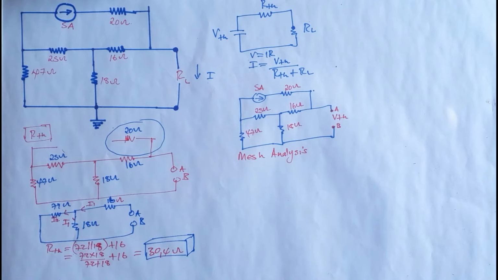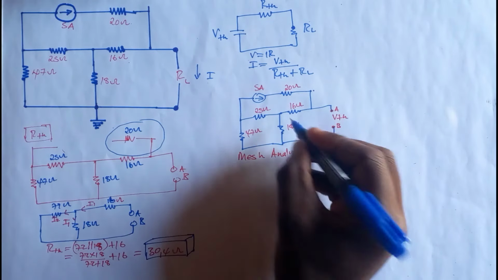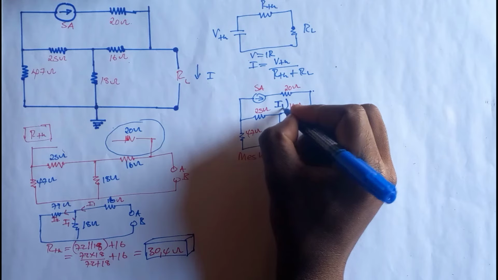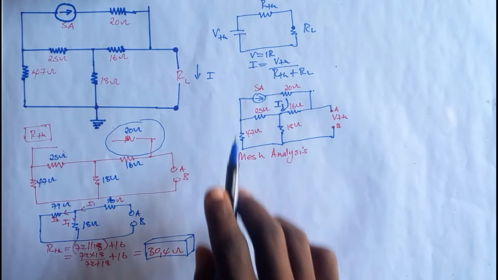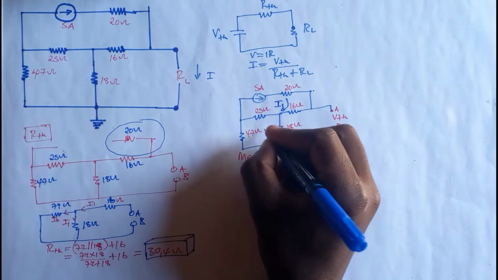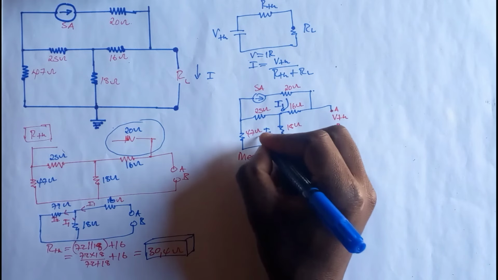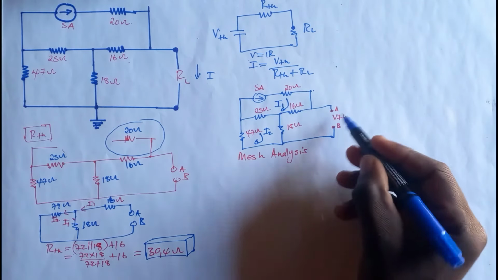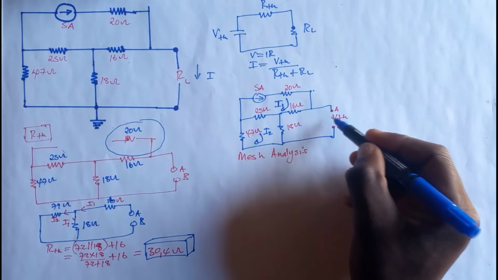I'm going to call the current in this loop I1, and I'm assuming it is flowing in the clockwise direction. I'm going to call this current I2, and I'm assuming it is also flowing clockwise. We have no current here since we have an open circuit.